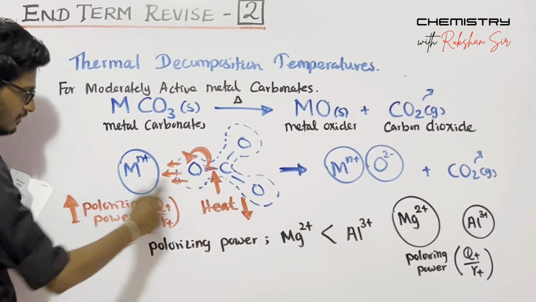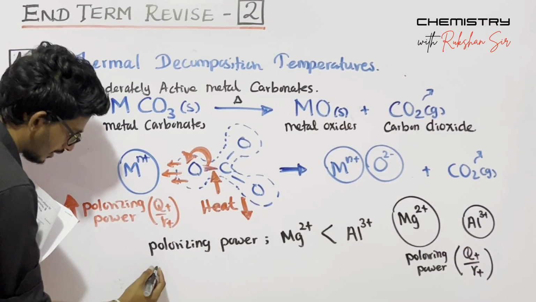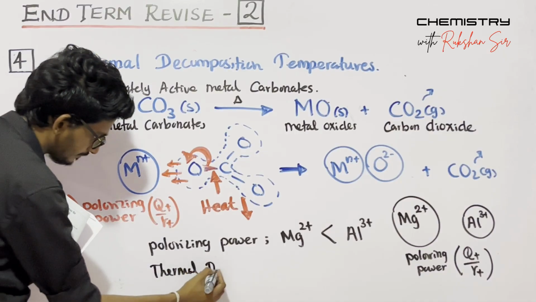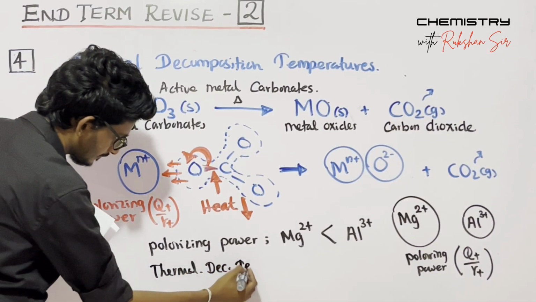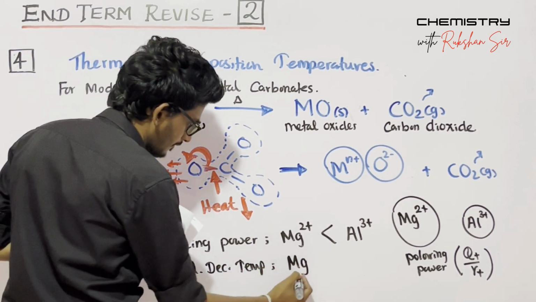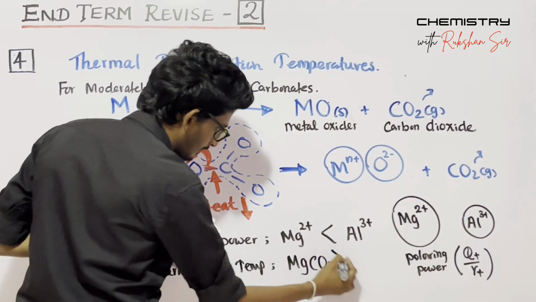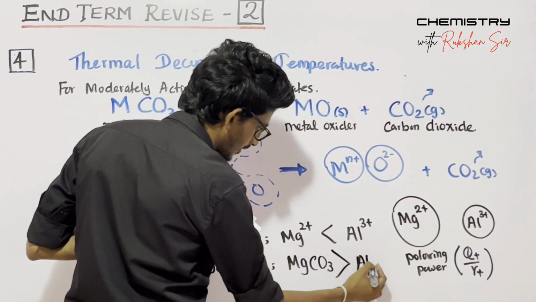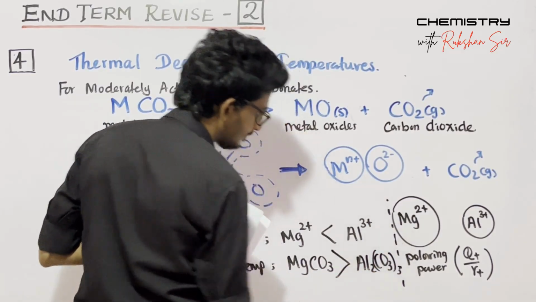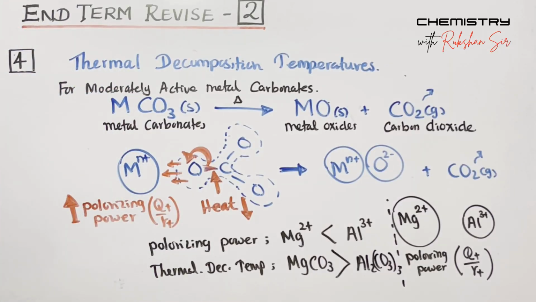This is kind of an inverse relationship, right? So the thermal decomposition temperature is going to be high for magnesium carbonate compared to aluminum carbonate.